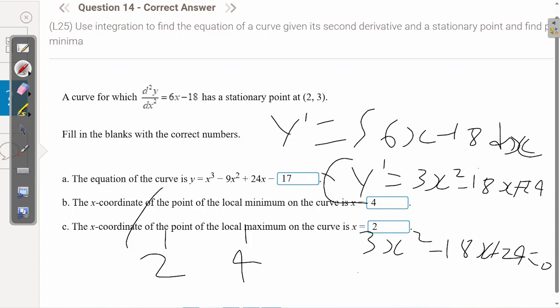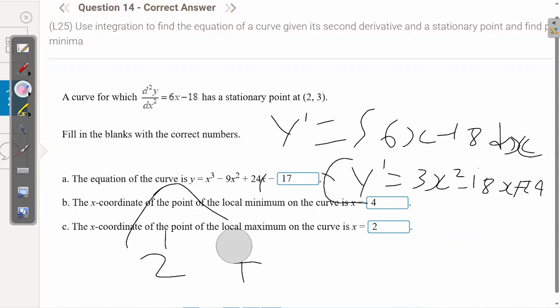Then in between, for 3, so 3 squared minus 18 times 3 plus 24, it will give you negative usually, so it will go down. And then after 4, it's going to go up. So it's a local maximum at 2 and local minimum at 4.